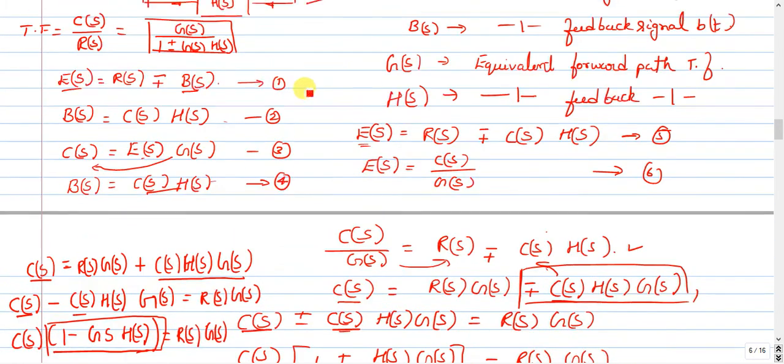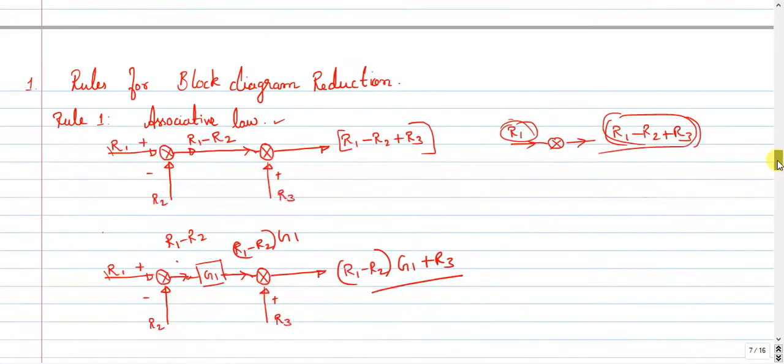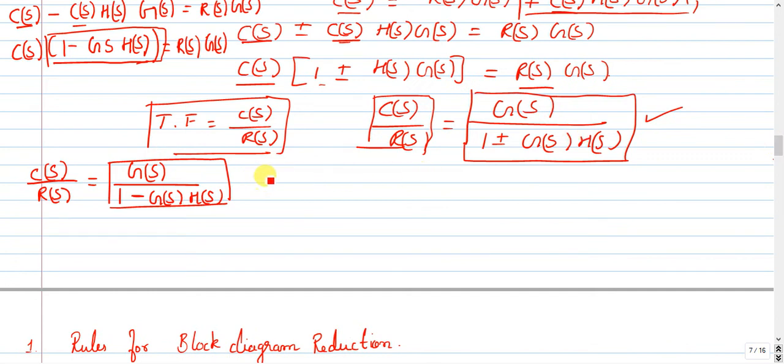In simple terms, just remember: if it is having a positive feedback, you replace the formula with negative. In case it is having negative feedback, replace with positive.